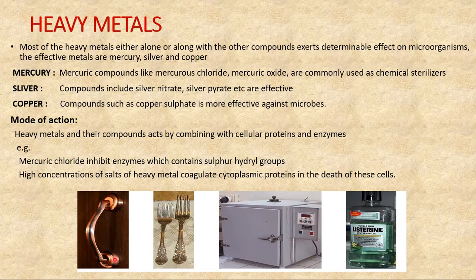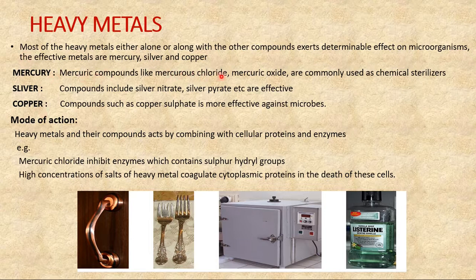Why is it good? Because these metals act as microbicidal or bactericidal agents. That means they kill microorganisms that are present in the water. So that's how we came to know that these heavy metals also have an effect in the sterilization process. The majorly used heavy metals are mercury, silver, and copper.